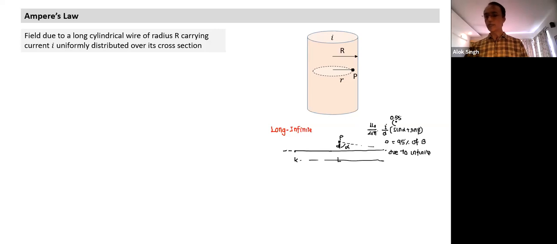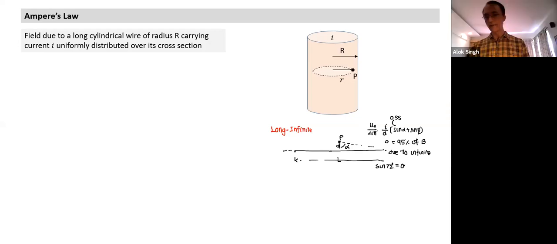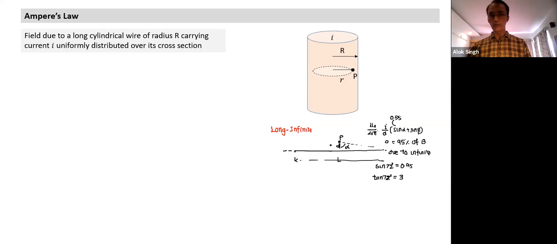And what does alpha come to? Alpha comes to a sine of 72 degrees, which is roughly equal to 0.95. And tan of 72 is roughly 3. So what does it mean? Suppose this d is equal to 2 millimeter. What is the length of the wire I need for a field which is 95% of the field due to infinite length?